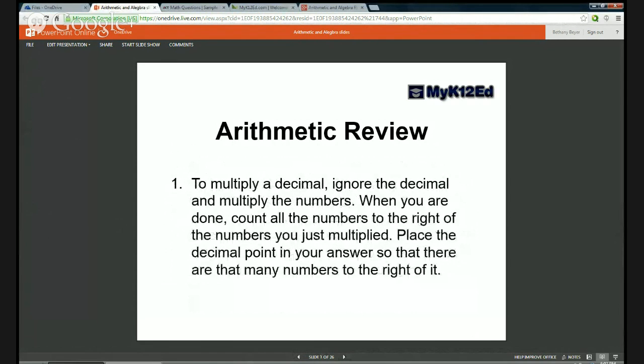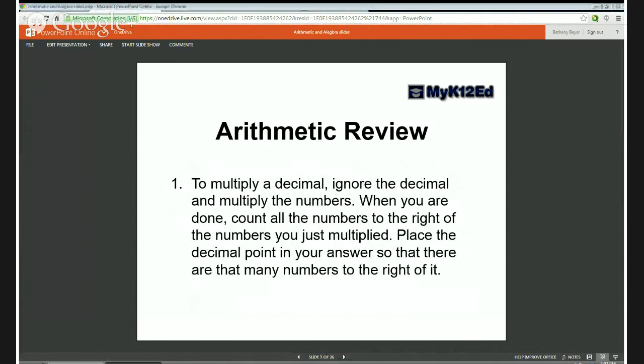There we go. So to multiply decimals, you want to ignore the decimal and then just multiply the numbers like you would normally. When you are done, count all the numbers to the right of the decimal points in the numbers you just multiplied. Then place the decimal point in your answer so that there are that many numbers to the right of it.